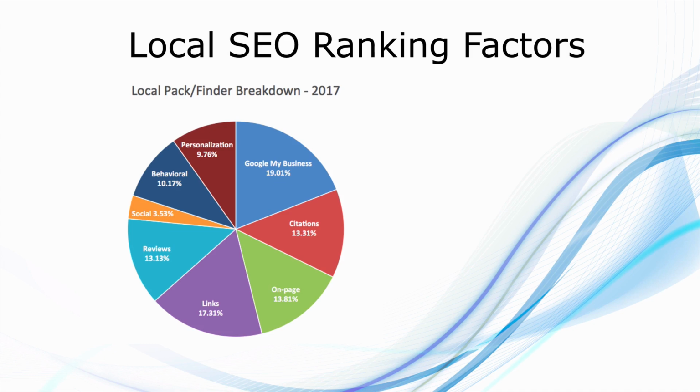If the user is in a particular area, in a particular city, instead of showing only the most relevant result, Google might throw up the most relevant as well as the closest business to that user. Again, there is not much you can do about this, but all the other factors make up almost 80% of the impact. So the rest of the things are very much in your control.